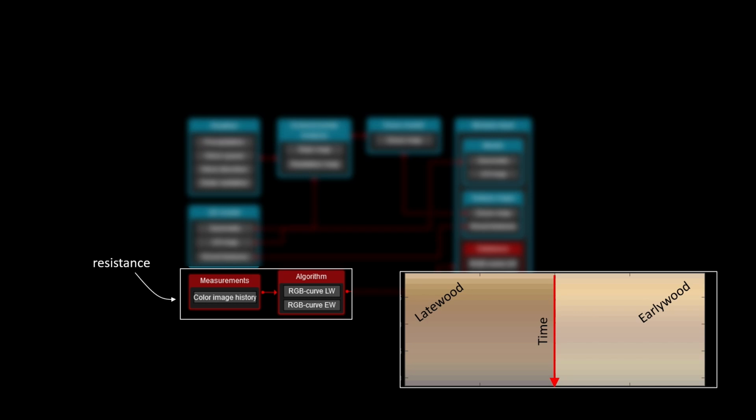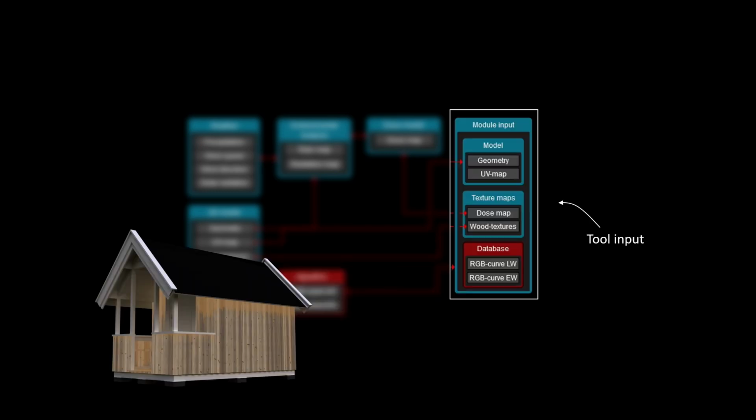And this is obtained from measurements, from digital images over time at different exposures. You have these RGB curves, so you can see how the color of late wood and early wood changes with time and with exposure. And ultimately, what you can then do is model the long-term aesthetical change, or at least the color change of the facade to some extent.